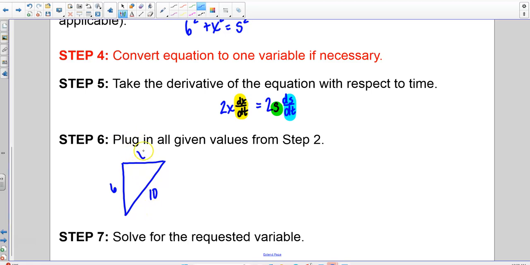I want to find x right here, so I can just do Pythagorean theorem, right? x squared plus 6 squared equals 10 squared, so x squared plus 36 equals 100. So x squared is going to equal 64 whenever you subtract that 36 from both sides, and we will square root.